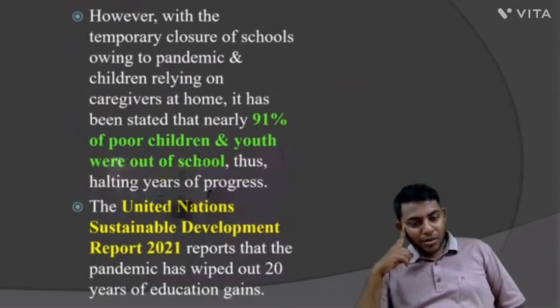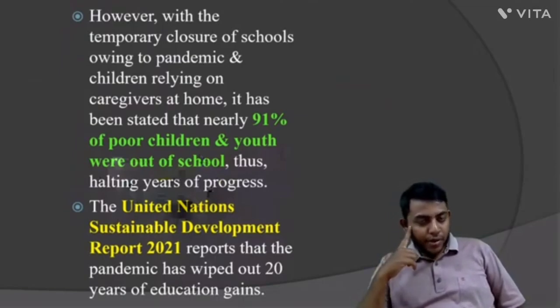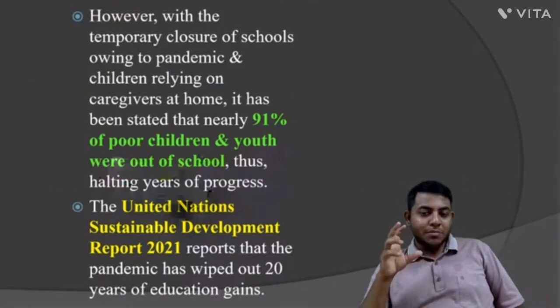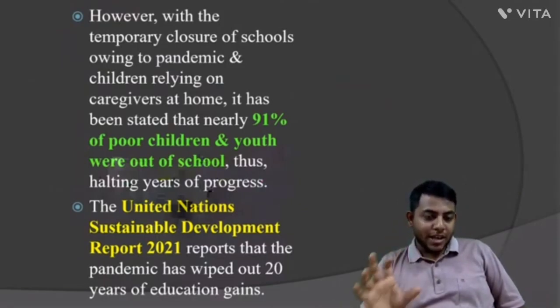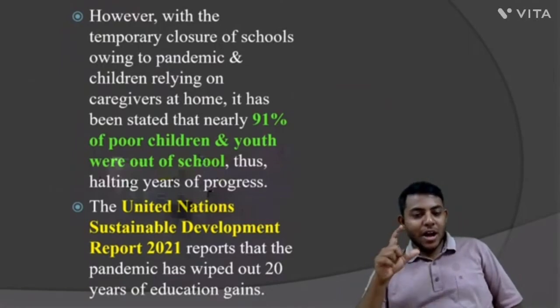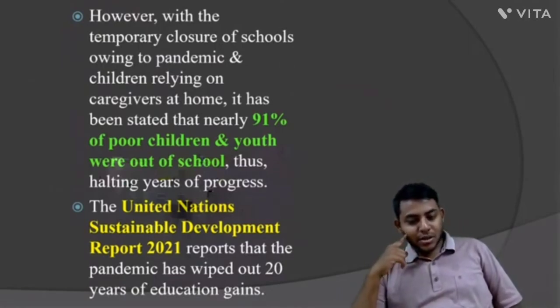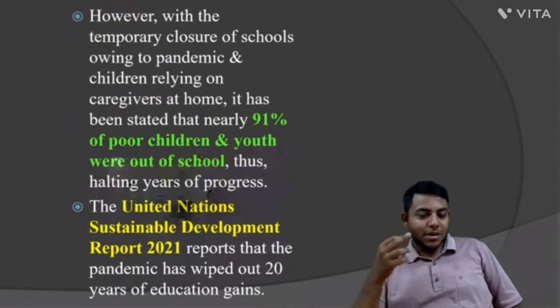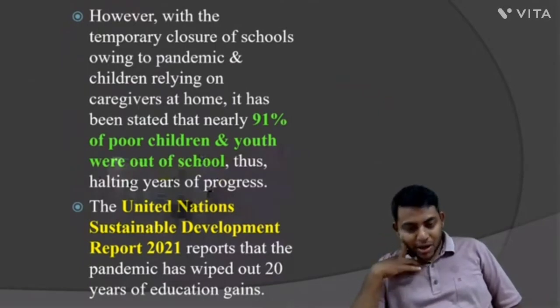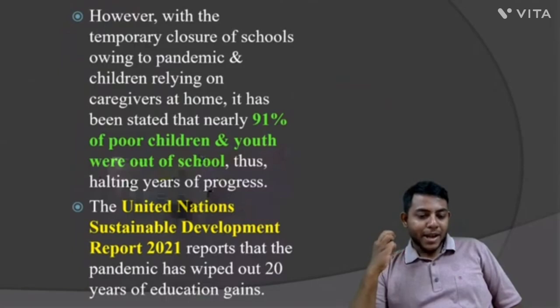However, with the temporary closure of schools owing to the pandemic and children relying on caregivers at home, it has been stated that nearly 91% of poor children and youth were out of school, thus halting years of progress. The United Nations Sustainable Development Report of 2021 reports that the pandemic has wiped out 20 years of educational gains.